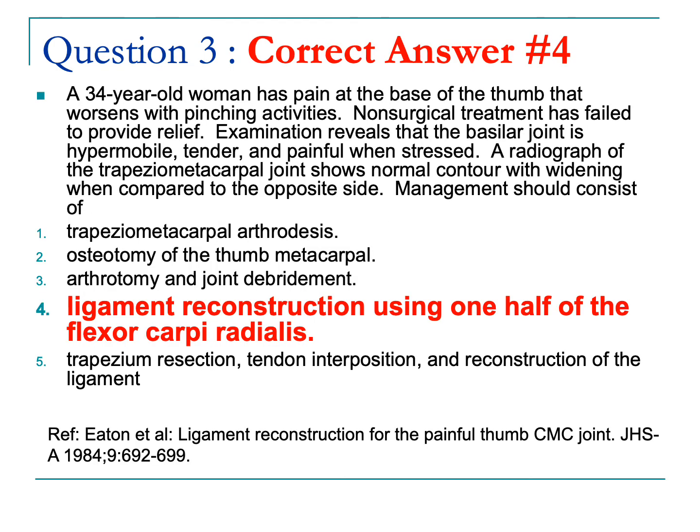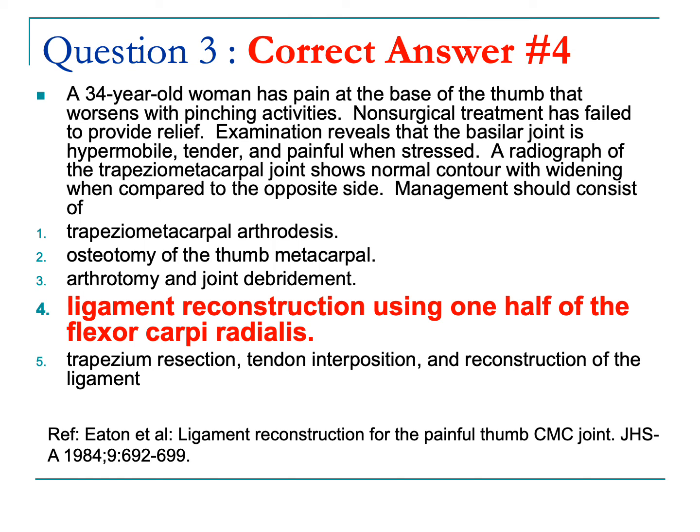And I would say the most common choice would be to do a ligament reconstruction as proposed by Littler and Eaton. I would suggest, however, there are some surgeons who believe that an osteotomy of the metacarpal will realign the metacarpal and diminish the laxity.